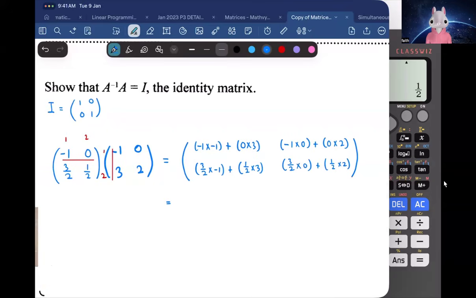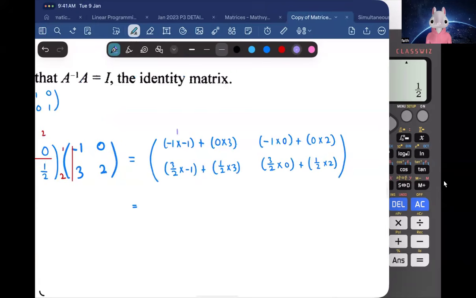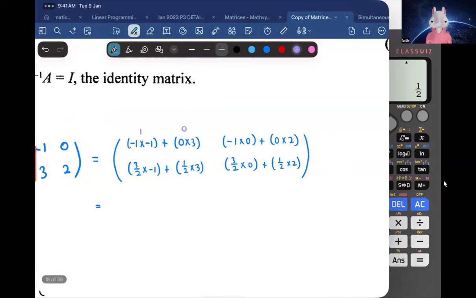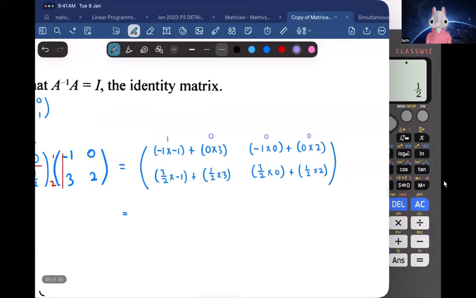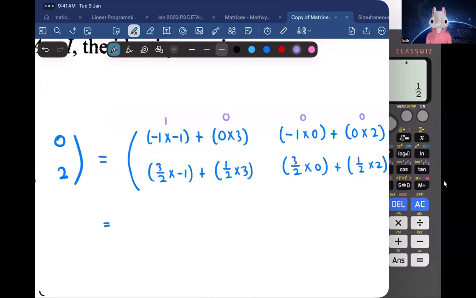Right. So -1 by -1 is 1. -1 by 0 is 0. 0 by 2 is 0. 3 over 2 by -1 is -3 over 2. 1 over 2 by 3 is 3 over 2. What is -3 over 2 plus 3 over 2? 0, sir. Right, this whole thing is just 0.